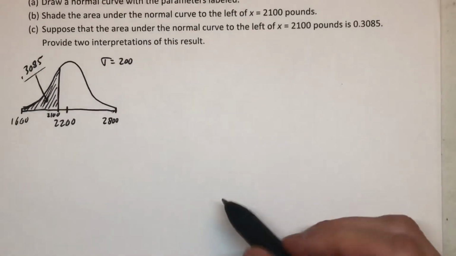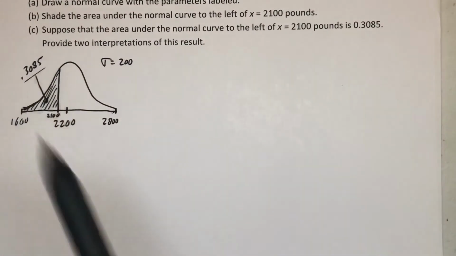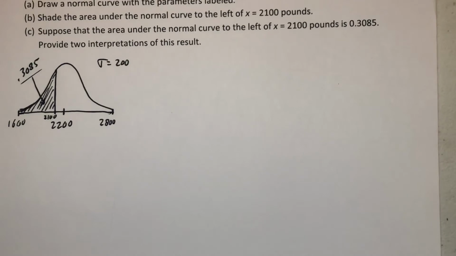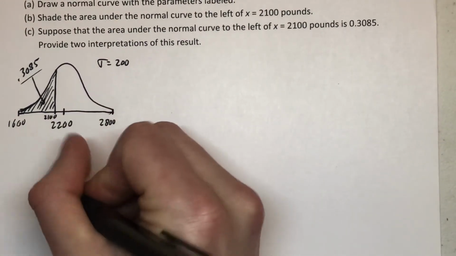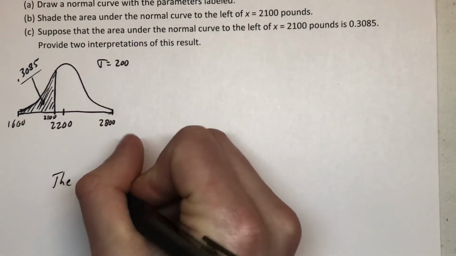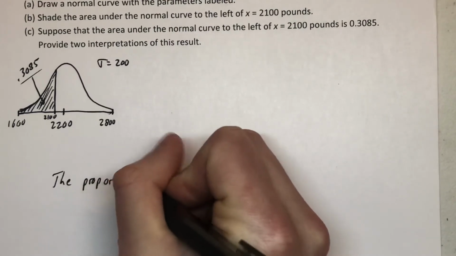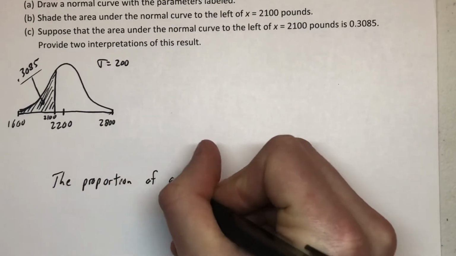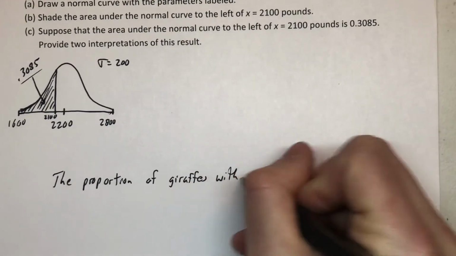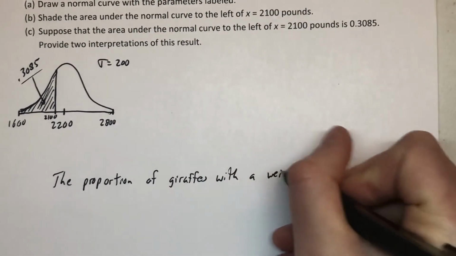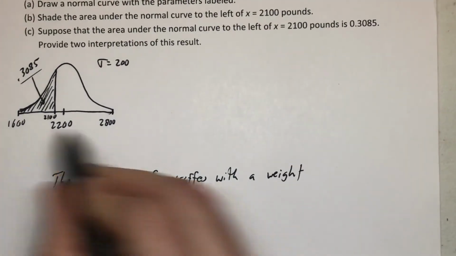But to the sentences, we're just saying, how would you interpret that number? Well, there are the 2 interpretations, the probability and the proportion. So let's go with the proportion one first. That was the first one listed on the other page of the notes. So nothing more than saying something like the proportion of giraffes with a weight, because that's what these numbers represent.